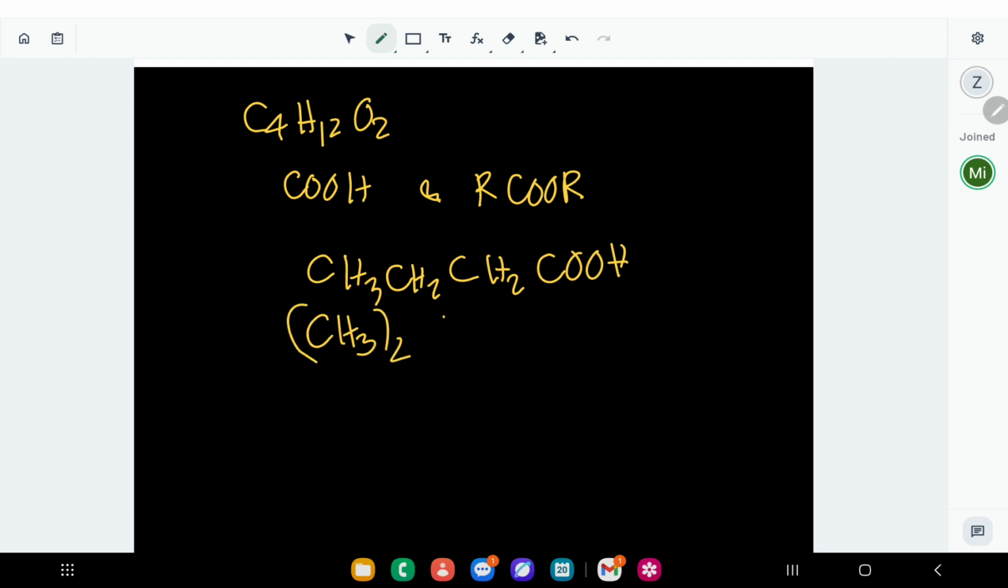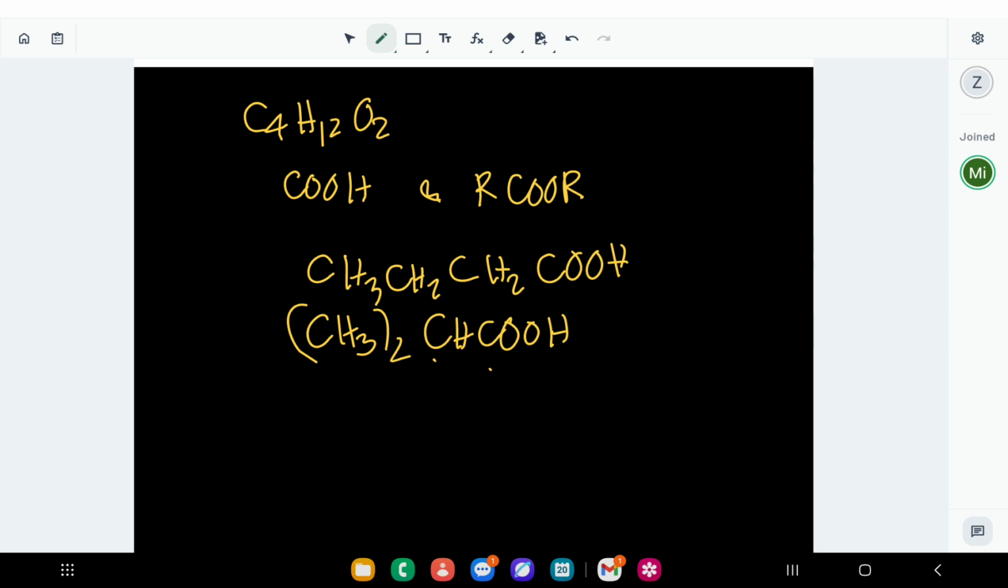And then what else? CH3CH(CH3)COOH, what's this? 2-methyl, how many carbons? Propanoic acid. But the problem is you need to draw, because that one is in skeletal formula.